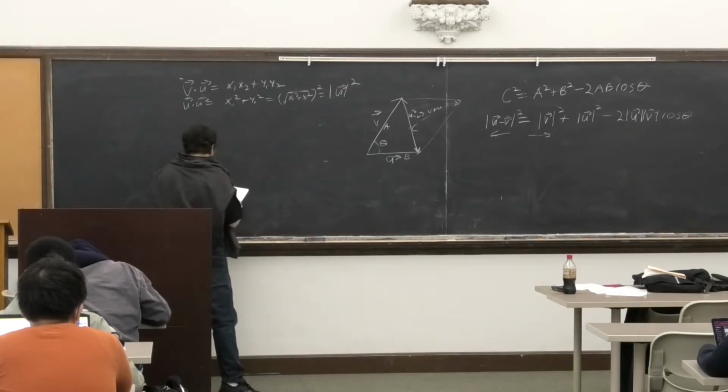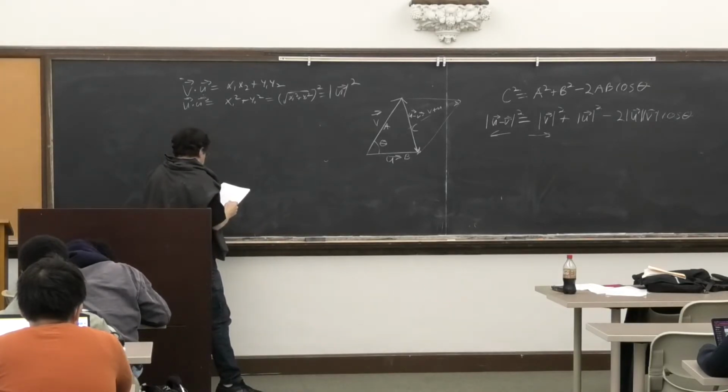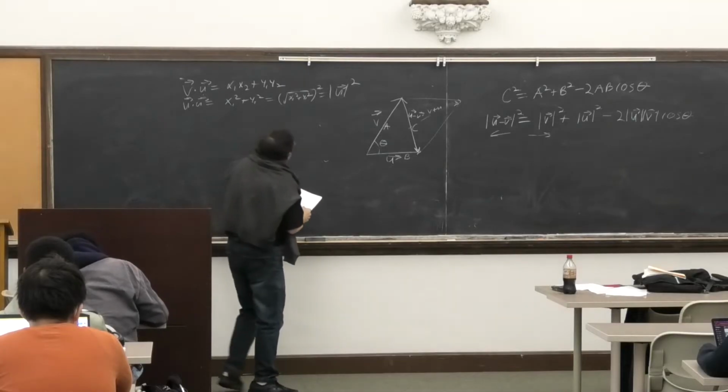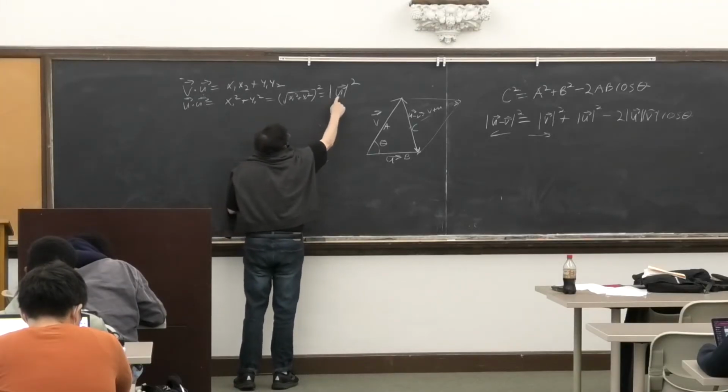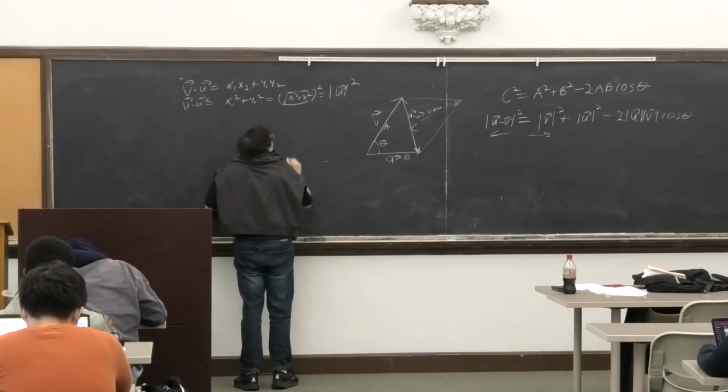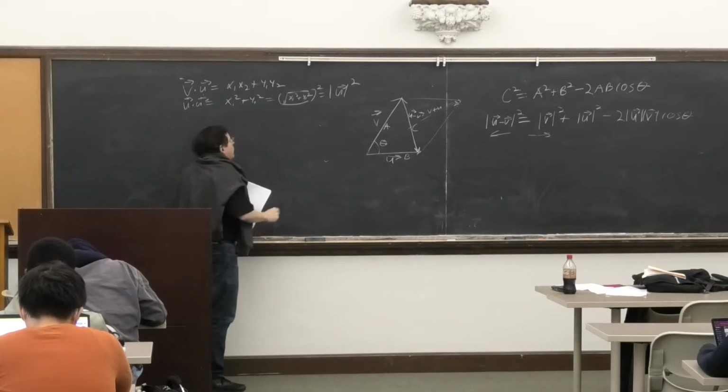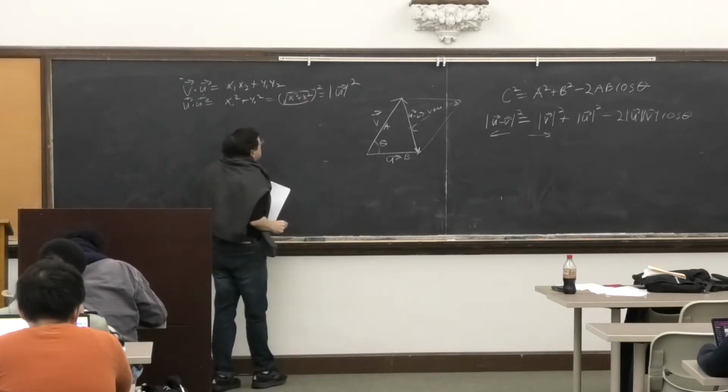I've gotten something mixed up here, hold on. The norm of u is the square root of, I don't think it's u times v, I think it's just u times u.